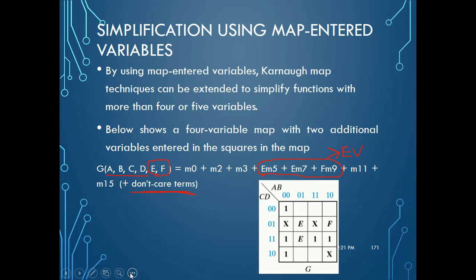So for this particular problem I got the K-map in this manner. Some terms E, and E, F, all these are entered variables, and some don't care conditions are represented by X here, or a cross mark you can say.